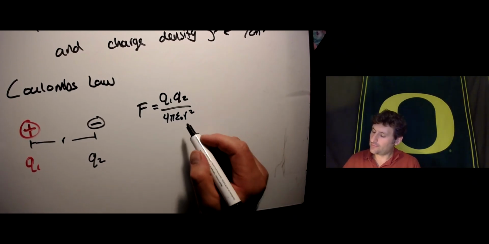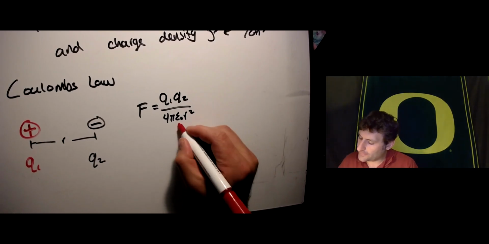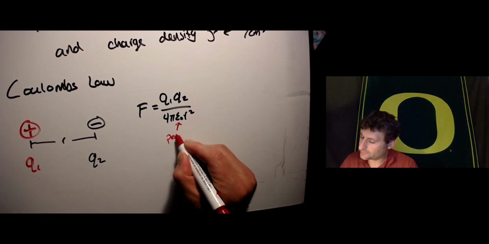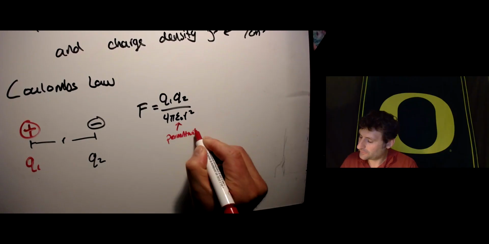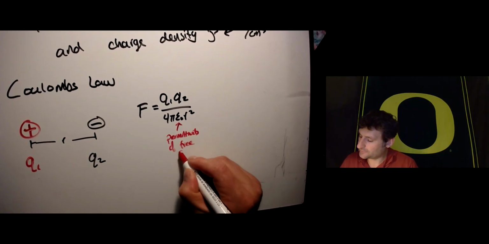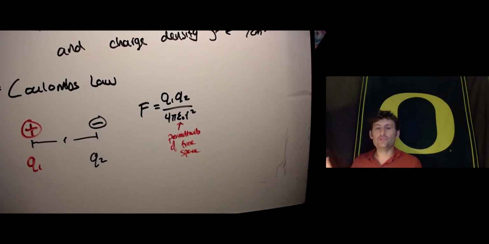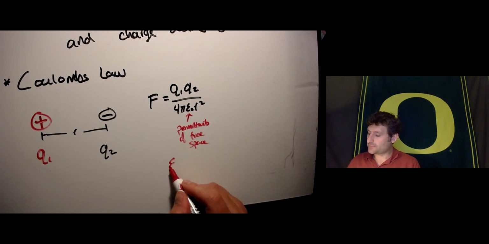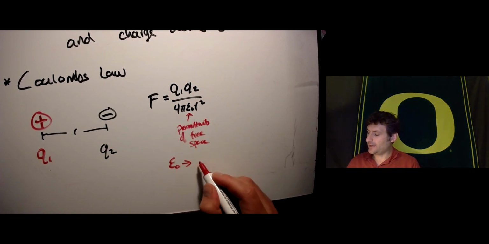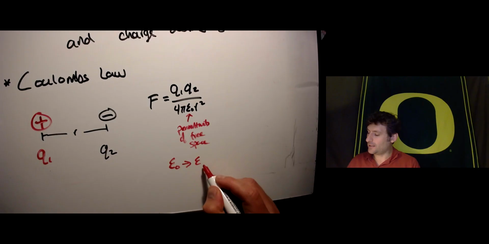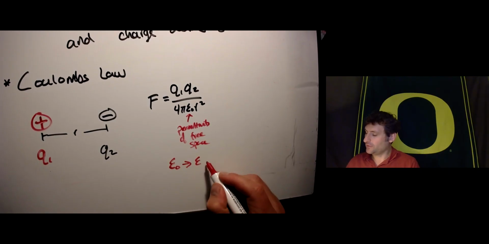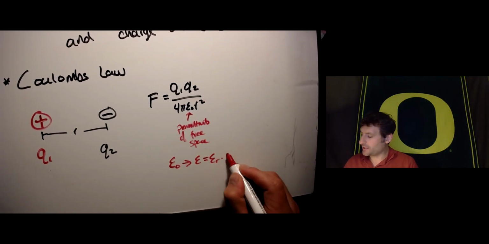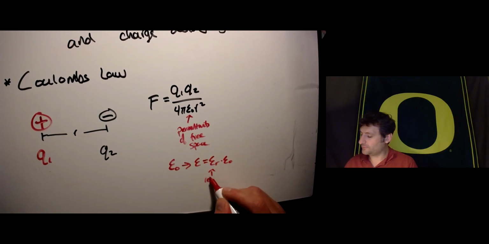And I can tell you what these terms are. Epsilon naught is the permittivity of free space. Now, if you decide to apply Coulomb's law with a material that's not vacuum, you want to replace epsilon naught by epsilon of the material, which is equal to epsilon r times epsilon naught, where this is the relative permittivity.